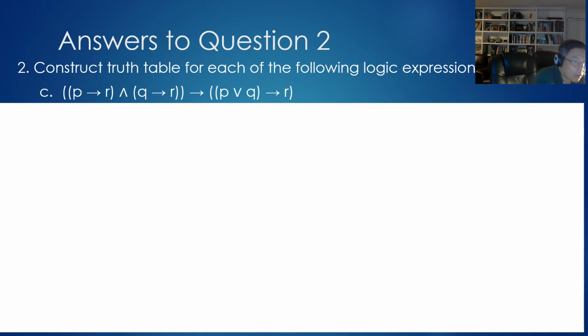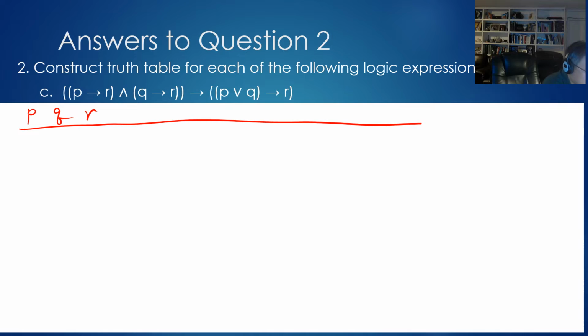In this particular case, there are 3 input variables: P, Q, and R. So we want to build the truth table, and first we pick all the possible combinations of P, Q, and R. For each variable P, Q, or R, there are only 2 values, 0 or 1.